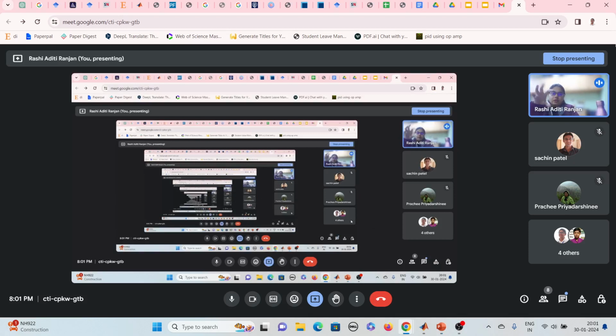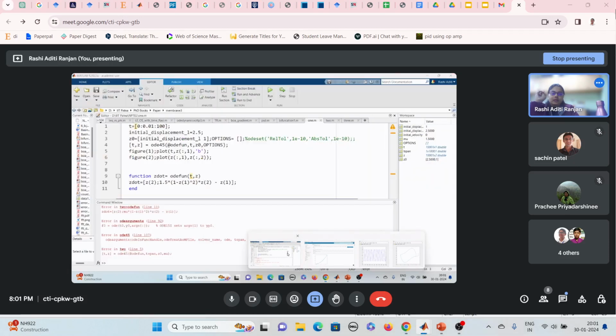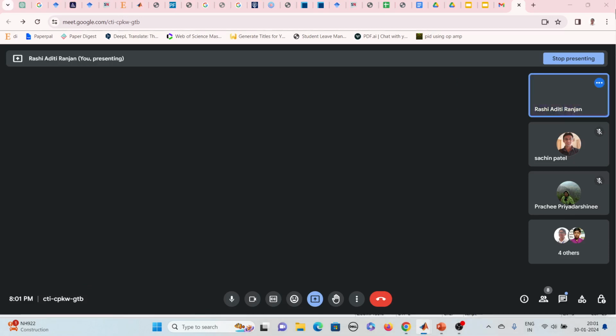The concept that I used for the van der Pol equation can be used for any other type of equation. The only difference that would be needed is, if there are three equations, a three-dimensional system, then like here for this system I have used Z1 and Z2, the number would start increasing.